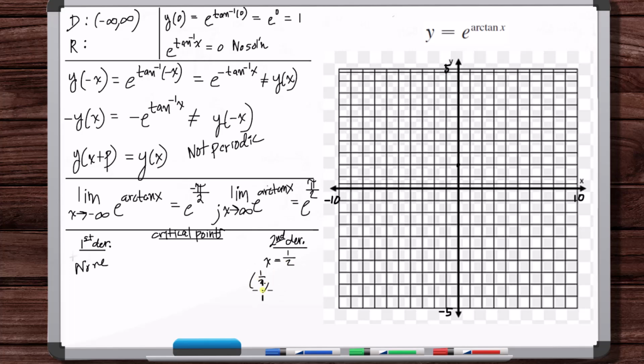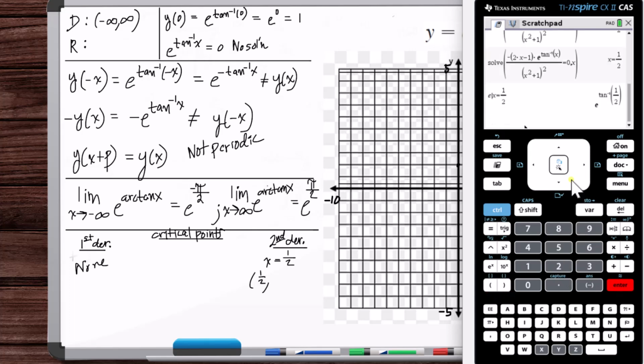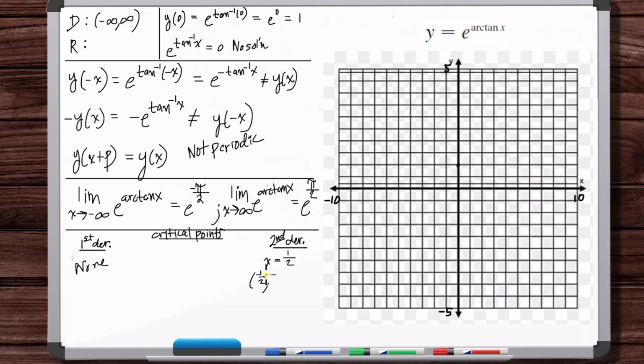So at 1/2, and then the function evaluated at x is equal to 1/2 is 1.59. There is the second derivative equals 0. So 1/2 here, and then 1.59, about right there. The second derivative equals 0.